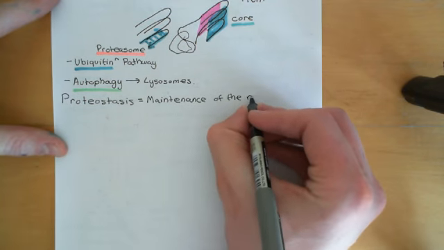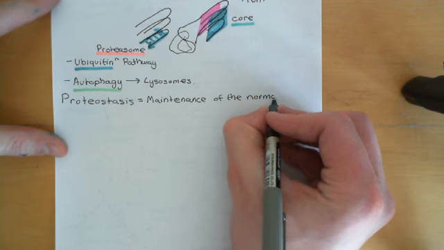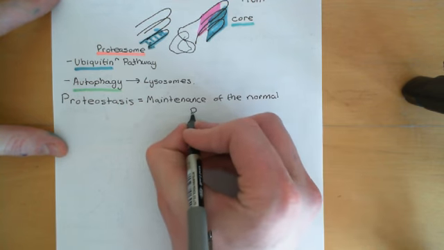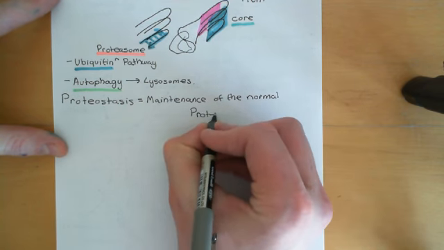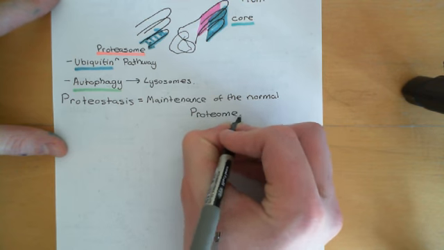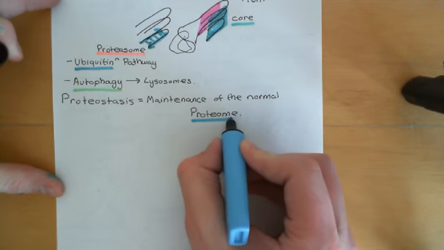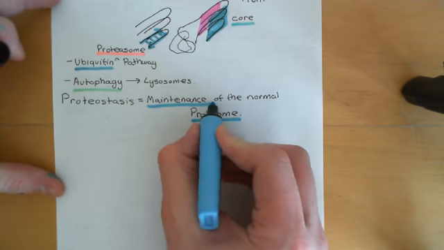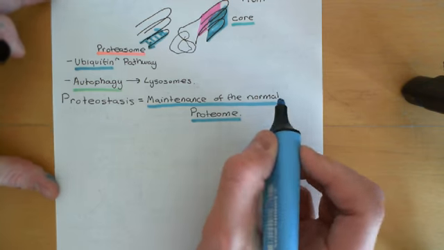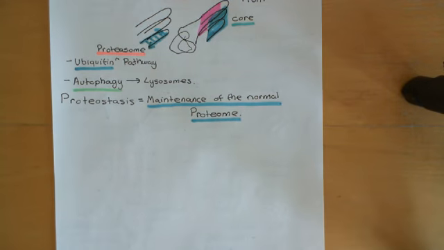So what's meant by the proteome? The proteome means the collection of all the proteins within a cell. So this just means maintaining a normal collection of proteins within a cell that are functional, a set of functional proteins that the cell needs for life. That's what proteostasis is all about.